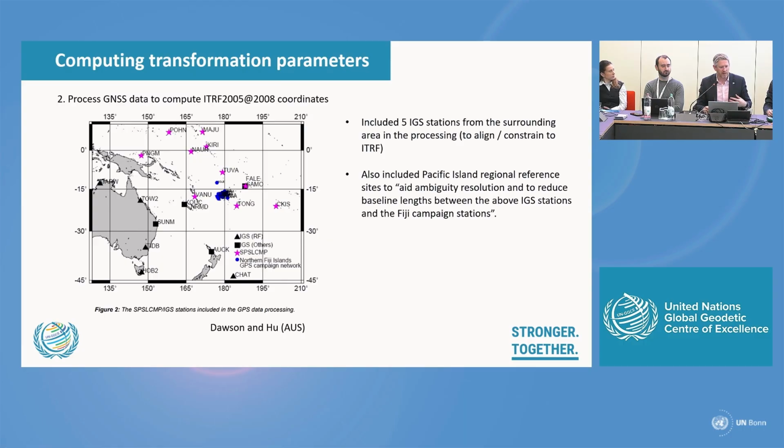This data came back to Geoscience Australia, and they computed the ITRF2005 coordinates at the 2008 epoch. They used 5 IGS stations from the surrounding area as part of the analysis process, and it also included Pacific Island regional sites to try and improve the quality of the reference frame.